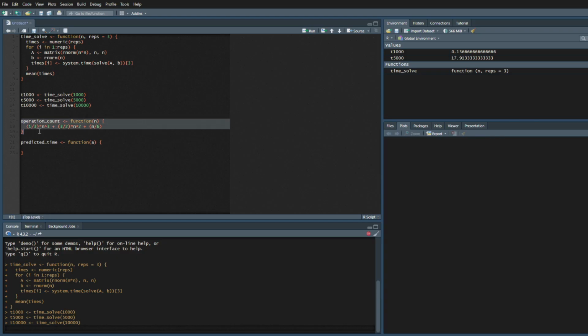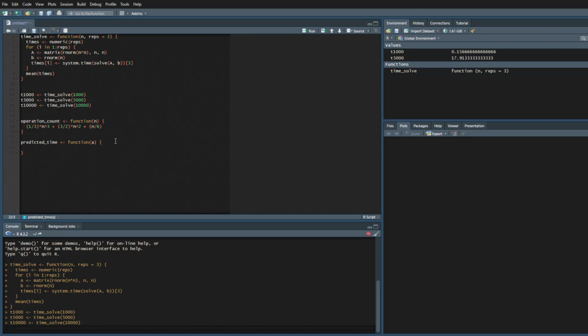So I'm going to use our operation count function, and I'm going to compute the ratio between the operation count we estimate for some value and the operation count we estimate for an observed value. And then I'm going to multiply that ratio by the time it took for that observed time.